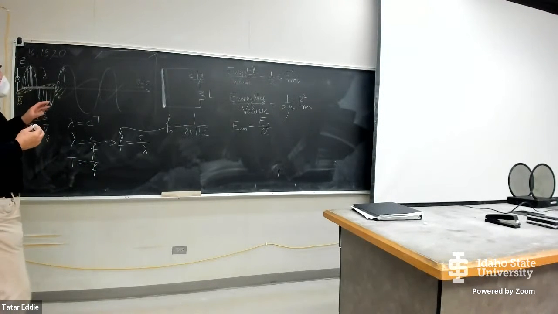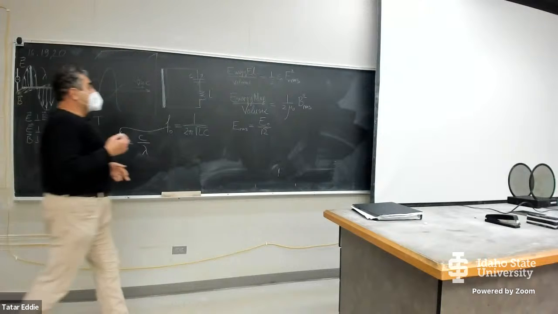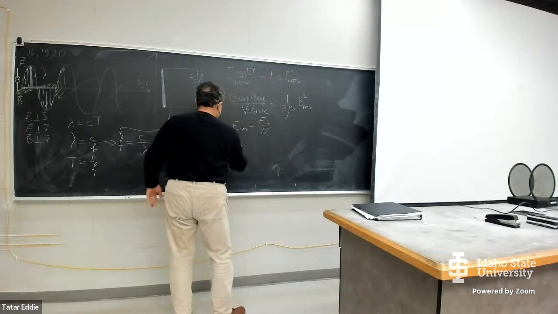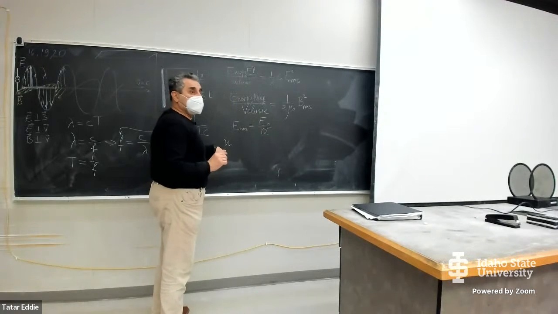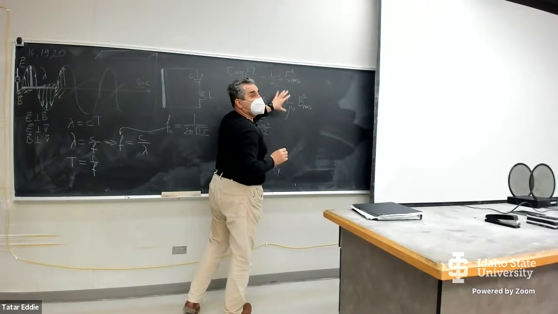Okay, so since the electromagnetic wave contains both electric and magnetic fields, the total energy density, usually denoted with the letter u, lowercase u, is a sum of the electric and magnetic part.